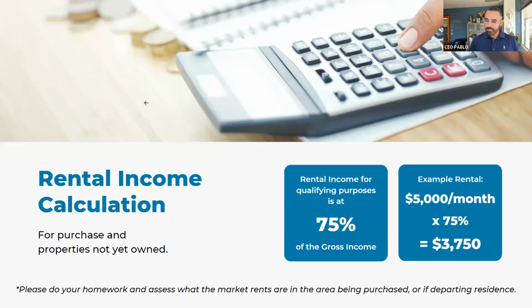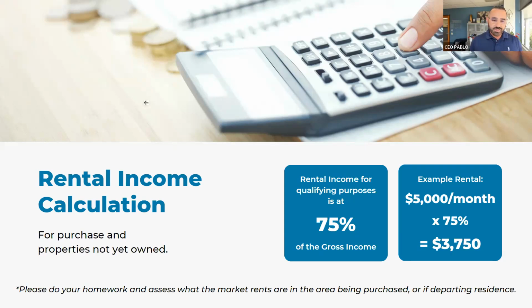So, for example, let's say that a customer wants to buy a property and rent it out as an investment, and he tells you, I'm going to rent it out for $5,000 a month. Then you're going to take 75% of that, which is $3,750, and make sure you plug that into your LOS system so that they're getting credit for that $3,750. And usually you're going to be able to do that on the subject property. There's a section that says rental income, and you can plug that in there so that you're giving them that credit. Okay.